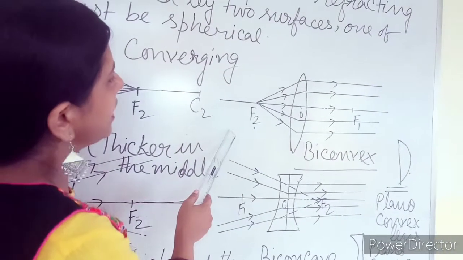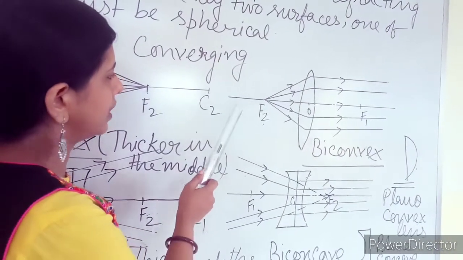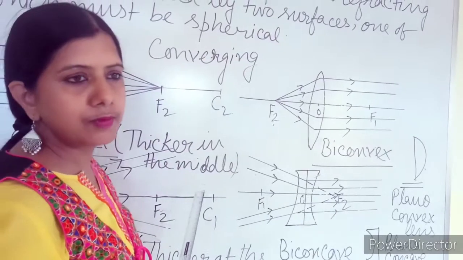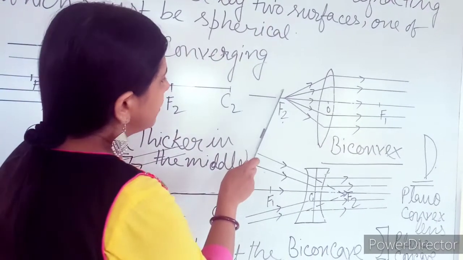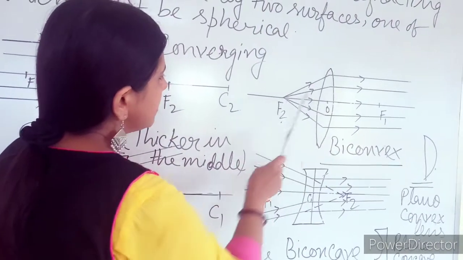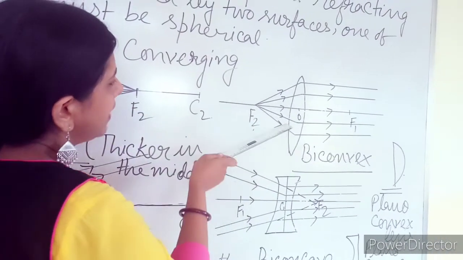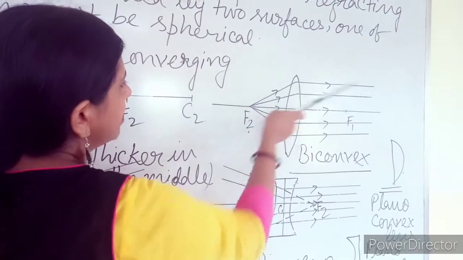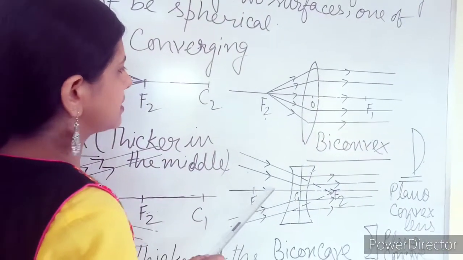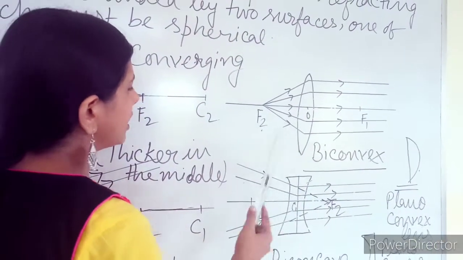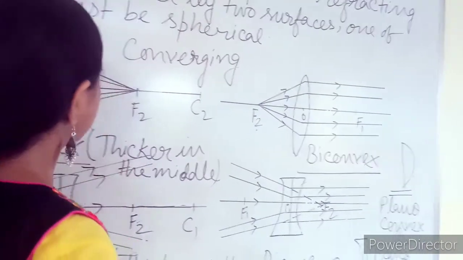That can also be my definition of focus. So here that diagram I have drawn. That is a point from which if light rays are emerging to the lens, after refraction they are becoming parallel to the principal axis. So there are two focus points, F1 and F2.